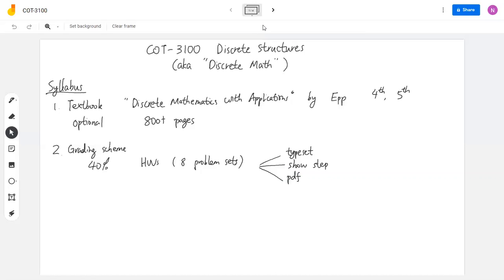And 30% of your grade will be determined by 2 midterm exams. We are going to have 2 midterms, so 15% each.